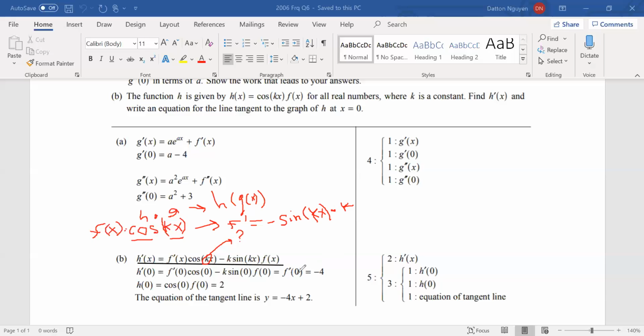So 1 times its coefficient is the coefficient itself. And so what you really have here is negative k sine of kx. So we don't normally see that.